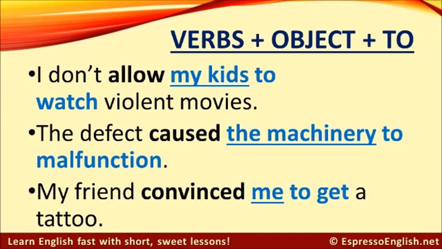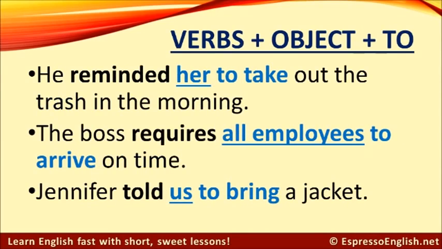This is also the case with the verb convince. My friend convinced me to get a tattoo. He reminded her to take out the trash in the morning. The boss requires all employees to arrive on time. Jennifer told us to bring a jacket.